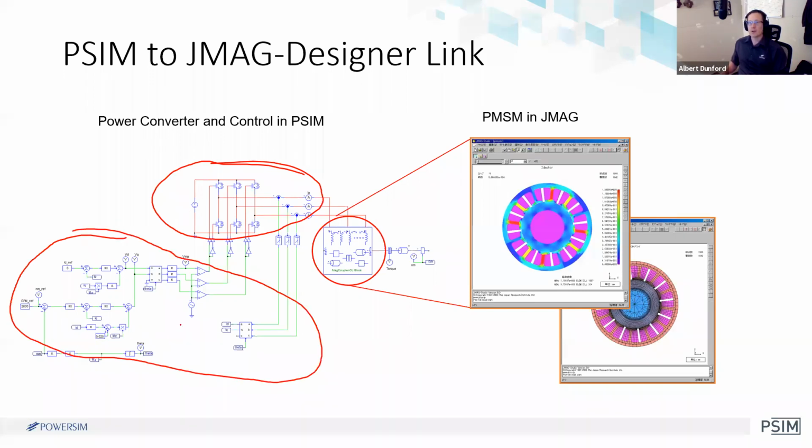The controller, in this case, is doing DQ control here, field oriented control. We're generating feedback on theta over here. So the speed is coming back, and we're generating theta from this shaft speed reference. And then this model is linking out to JMAG Designer, and we're watching what's going on there.